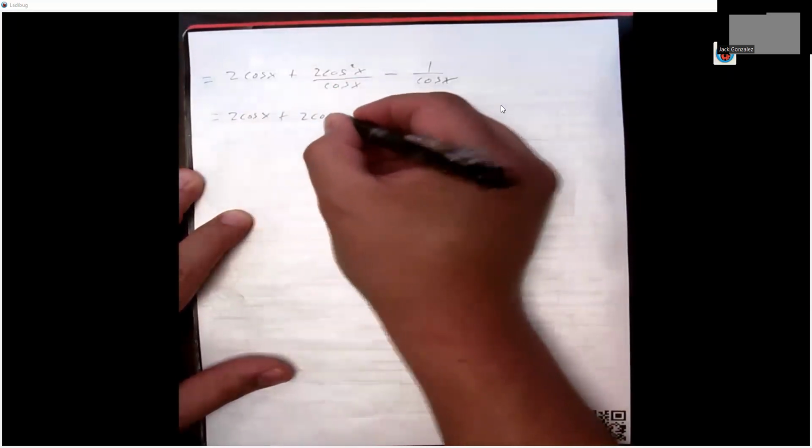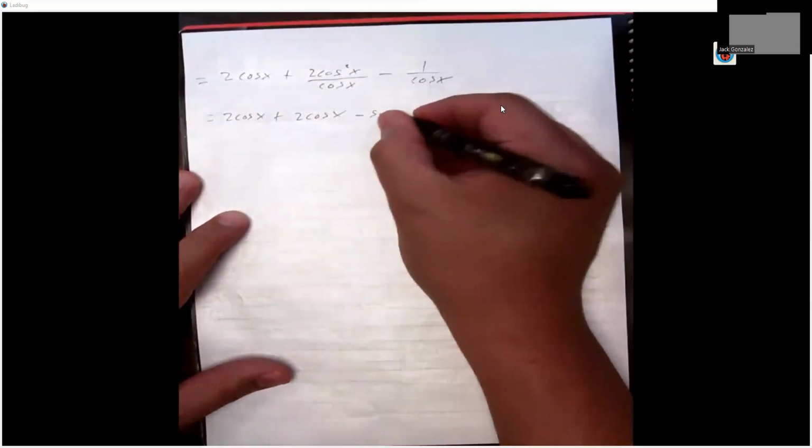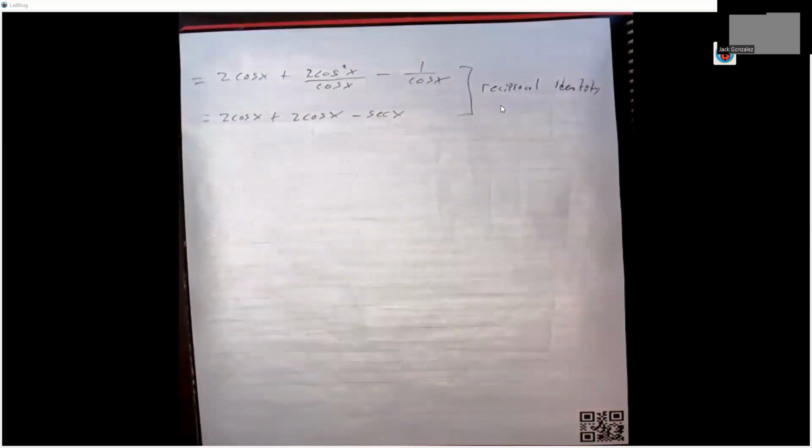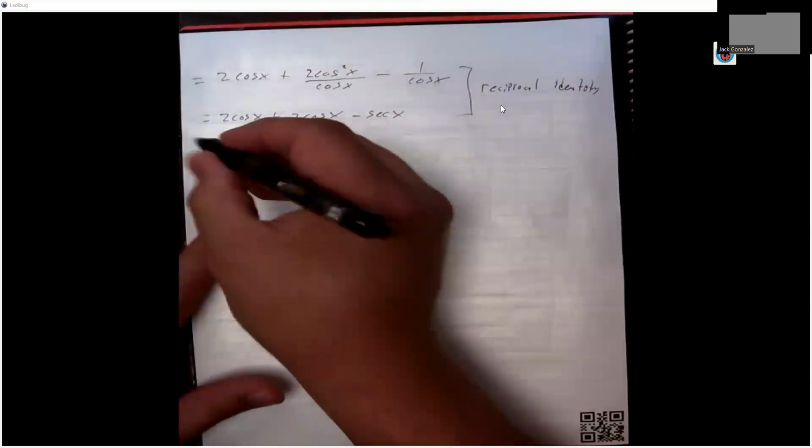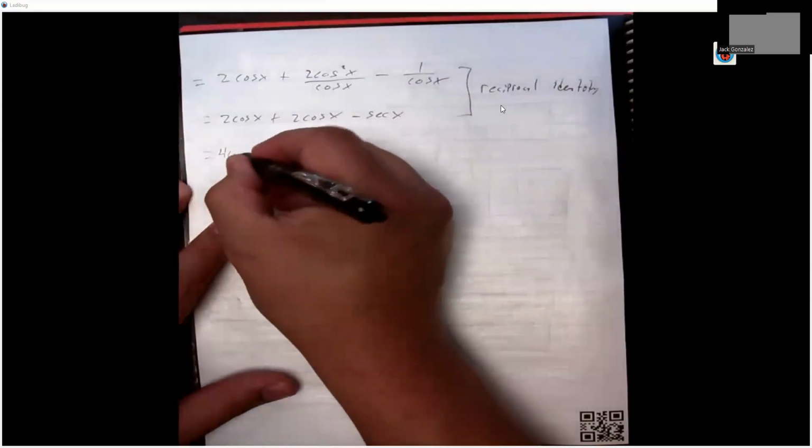Plus 2 cosine. And this right here is a secant, which is what we need. The reciprocal identity right there. And 2 plus 2 is 4. Cool. We're done.